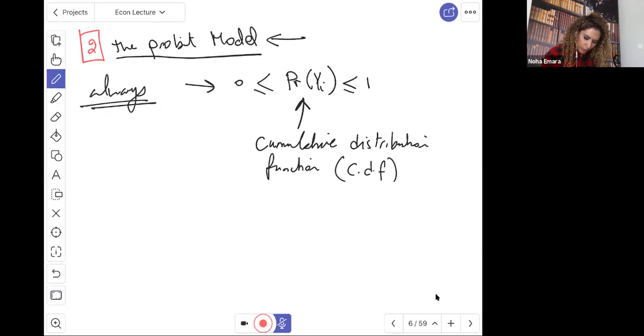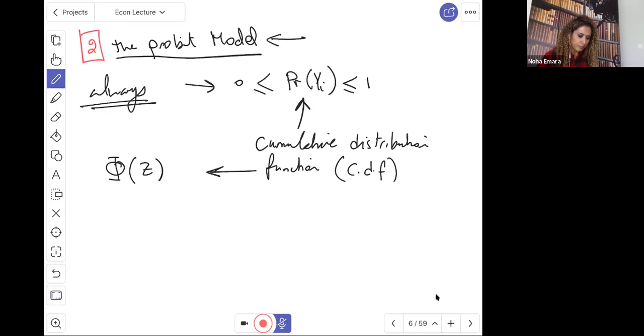The CDF is nothing new for you because you have already used it in computing the p-value, using the standard normal distribution table, which you call the Z table, right? We have this notation phi of Z. The main advantage of this model is that it overcomes the problem we faced with the linear probability model, because I will never get a probability below 0 or above 1.